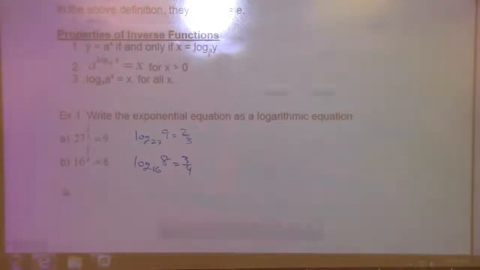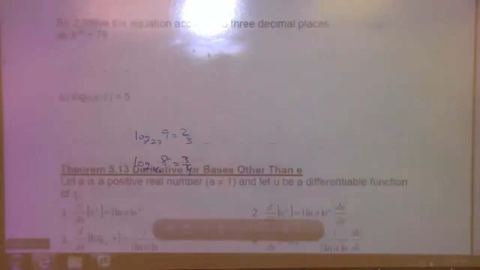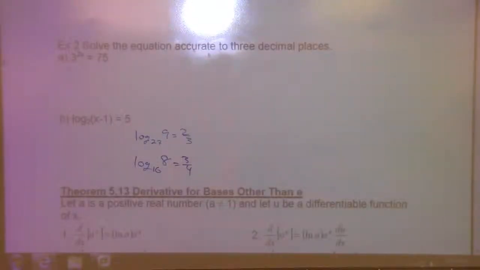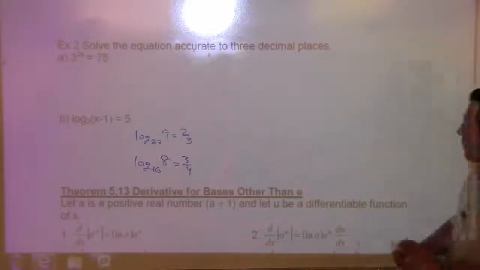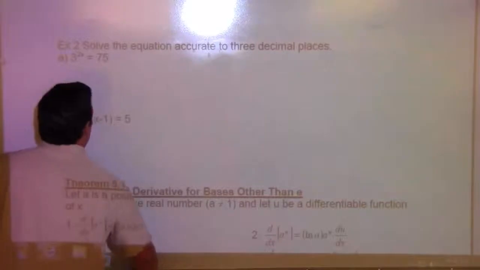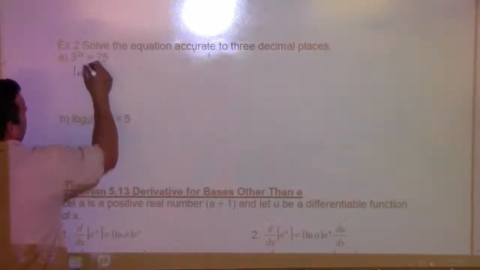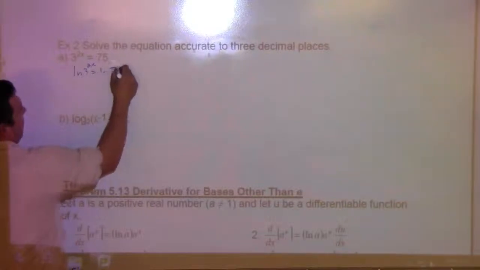Go on to the next page. It says solve the equation accurate to 3 decimal places. 3 to the 2x equals 75. Take the natural log of both sides: natural log of 3 to the 2x is natural log of 75.